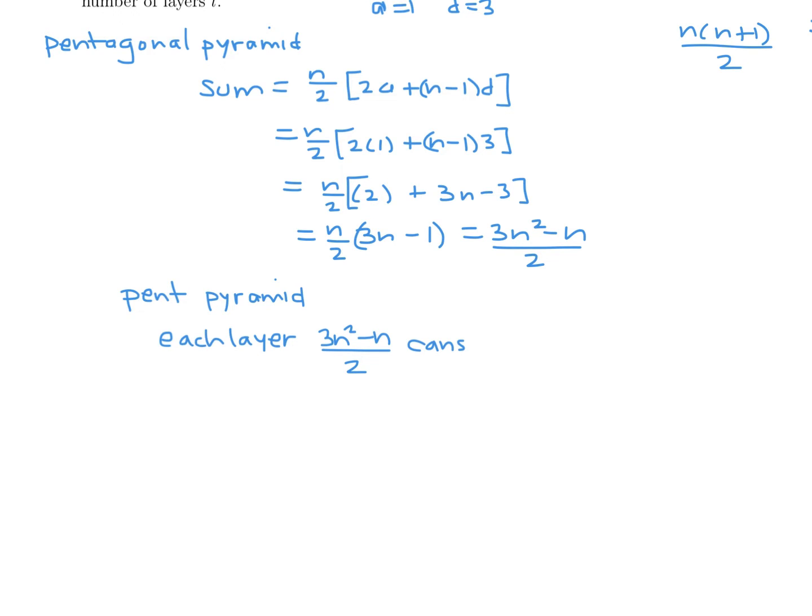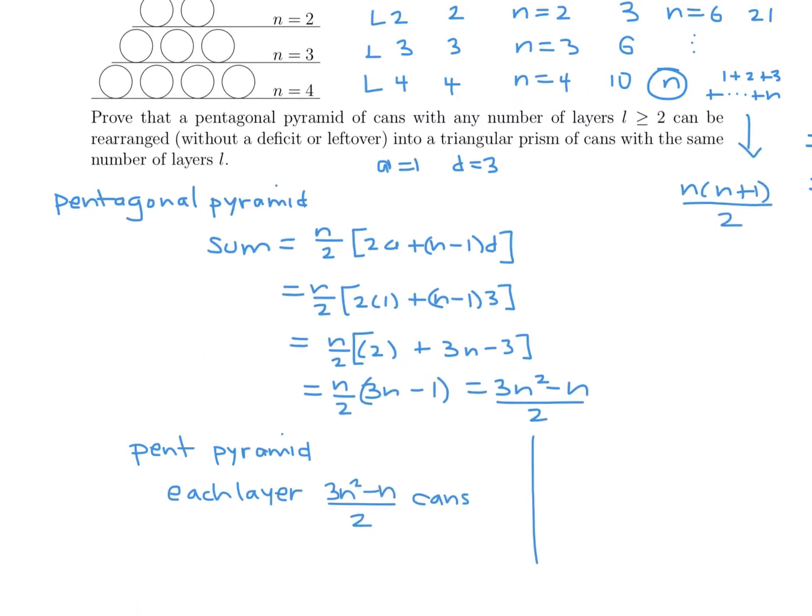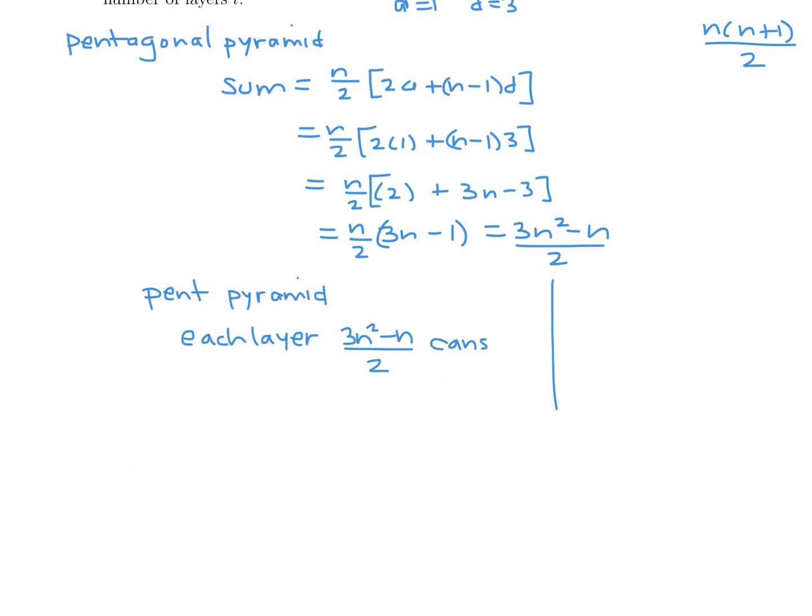And then in a, what is the shape again? Triangular prism. In a triangular prism, each layer has this, n times n plus 1 over 2 cans.